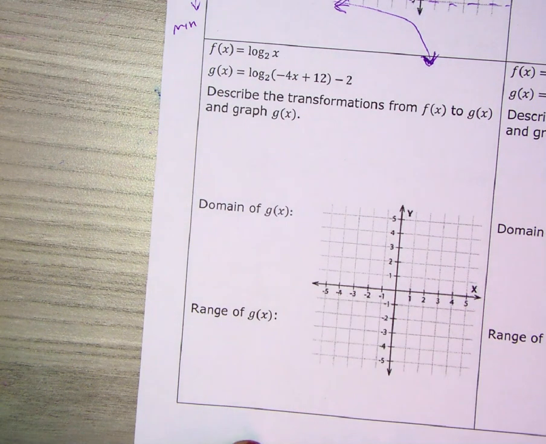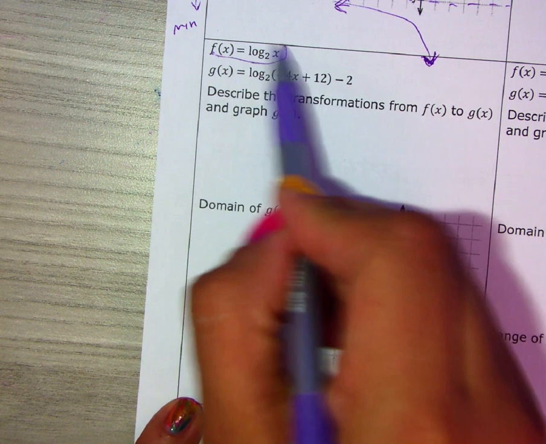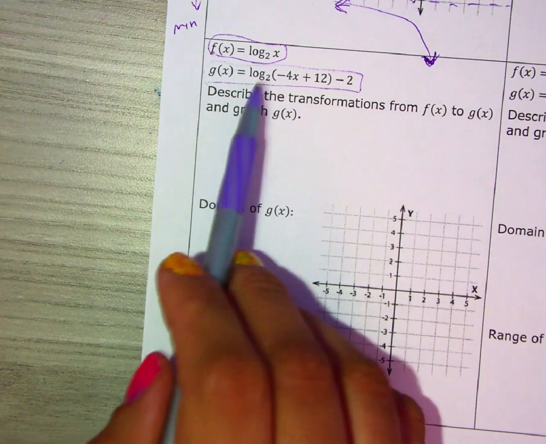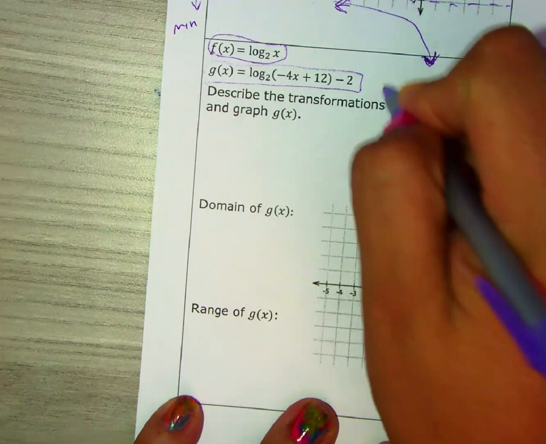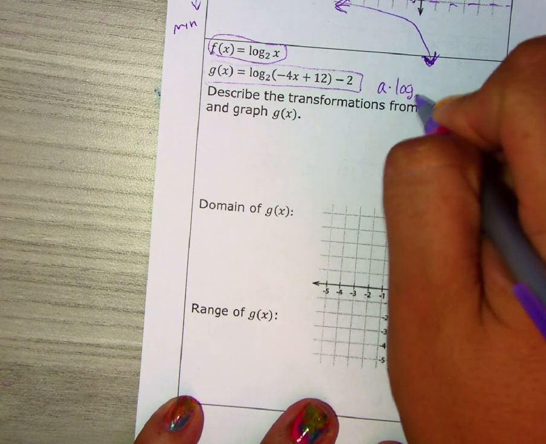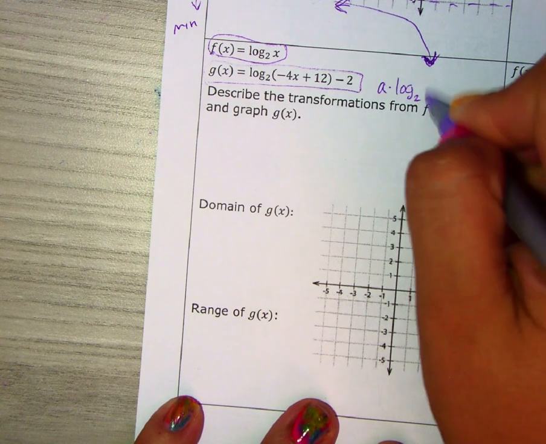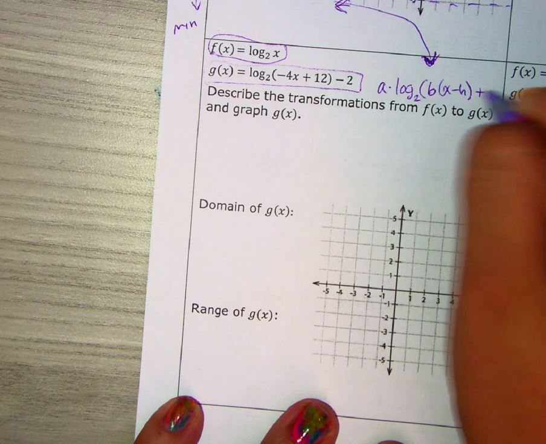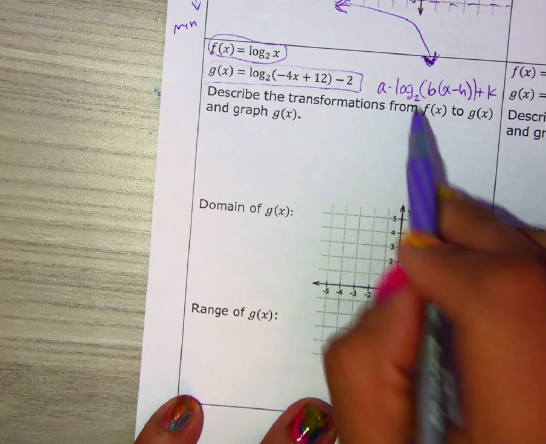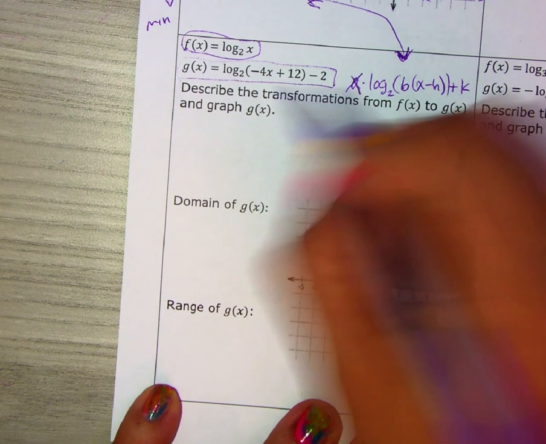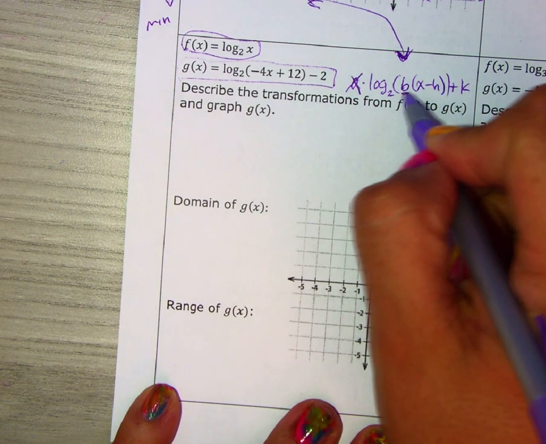Here on this one, we are going to, again, look at the parent function. And then this is a new function. And just again, recall where the a value is. A is in the front. Log base 2 is your base. And then you have b, x minus h plus k. So if you compare this to what you're given, you're not given an a value, you're given a b value.